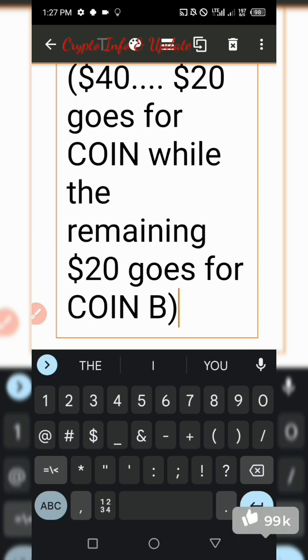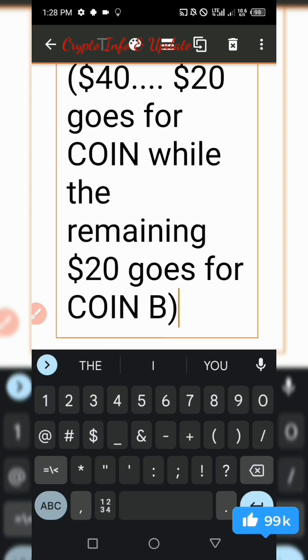You can give $21 to coin A, then you give $19 to coin B. Or you can give $19.80 to coin A, while the remaining $19.20 goes for the other coin or the other pair.